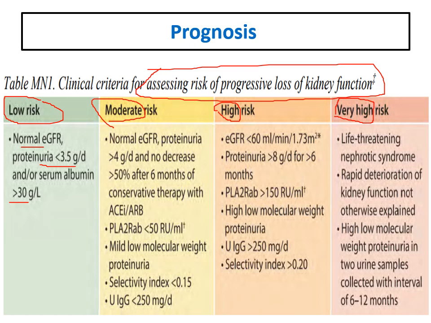Moderate risk patients have normal GFR, proteinuria more than 4 gram, with no 50% decrease in proteinuria, which is the criterion for remission, after 6 months of conservative therapy with antiproteinuric drugs like ACE inhibitors and ARBs.